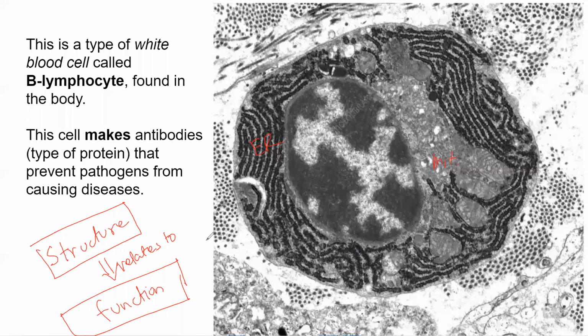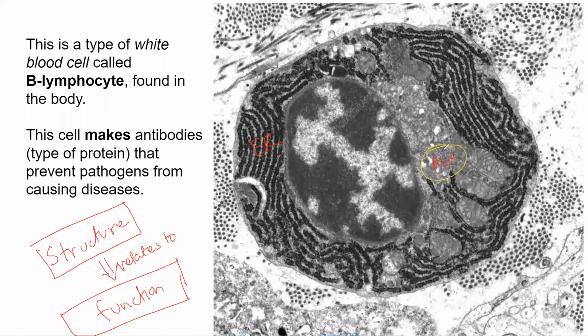Nothing is there for just beauty and show in our biological system. Whatever is there, it has a sole purpose towards our survival. So if there is one type of cell which is having excessive endoplasmic reticulum and mitochondria, then there is a reason behind it. The reason is this cell has to make so many antibodies at a time that it needs lots of energy, and energy comes from mitochondria.